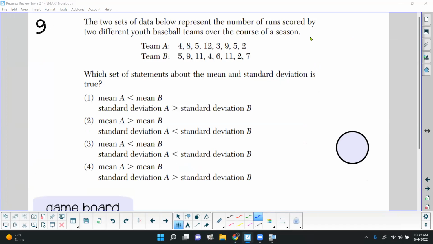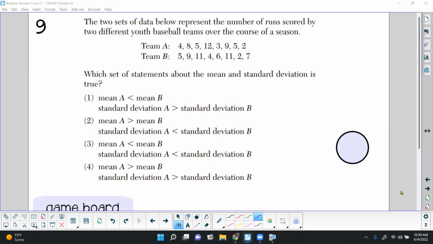All right, I got 2 sets of data below that represent the number of runs scored by 2 different youth baseball teams. I'm curious if you understand how to find the mean and how to find the standard deviation.